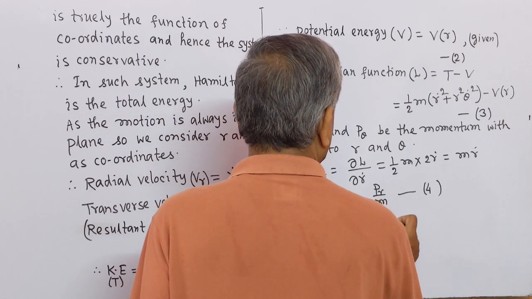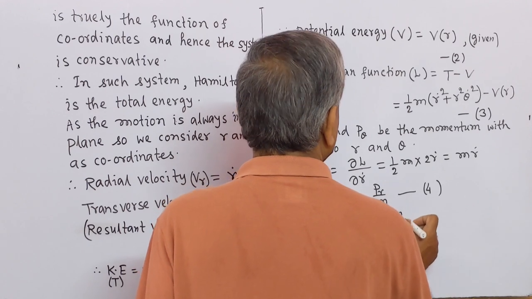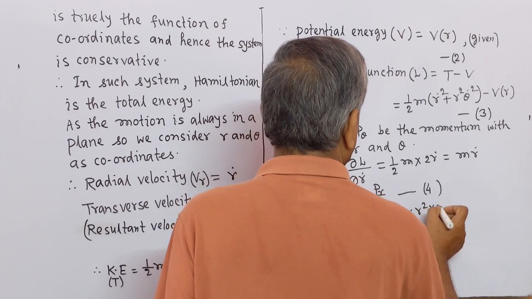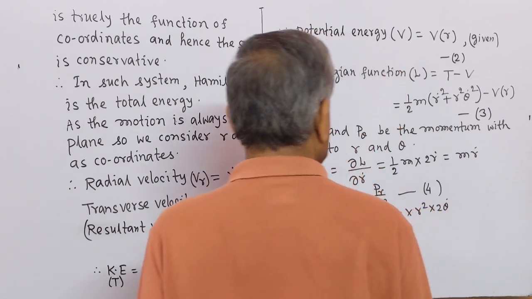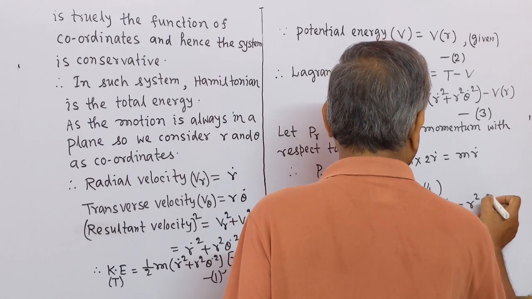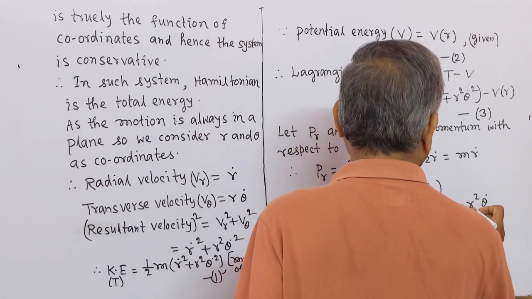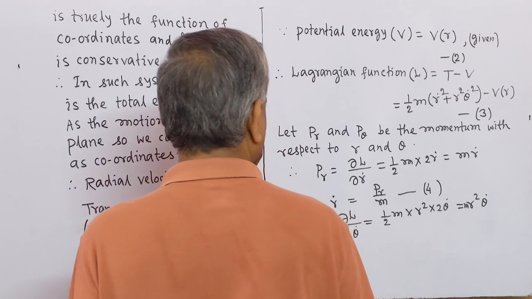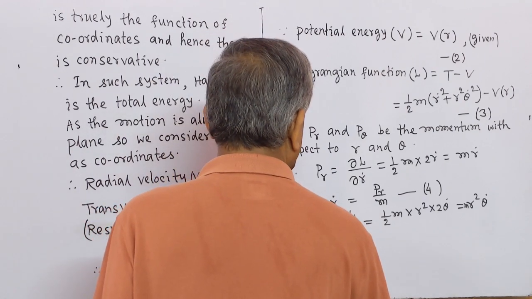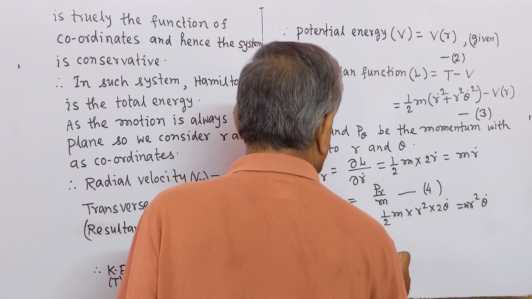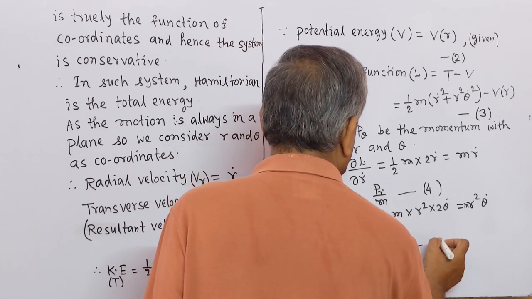Here half m multiplied by r square multiplied by 2 theta dot, this is equal to m r square theta dot, which implies that theta dot equal to p theta by m r square. This is number 5.